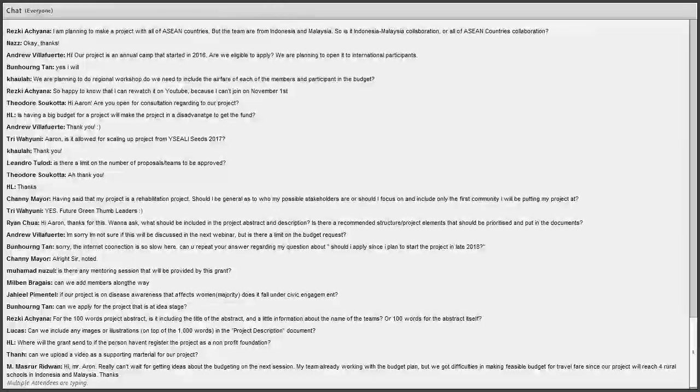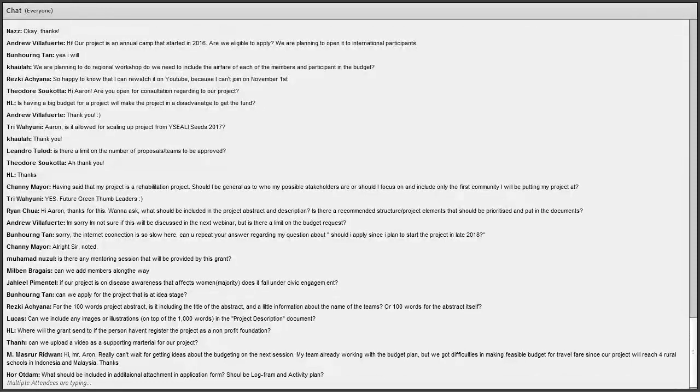So what should be included in the project abstract or description? Is there a recommended structure or project elements that should be prioritized and put in the documents? Ryan, great question. We've gone back and forth on this question over the year. We want you to be as creative as possible. So for this, we give you full liberty and freedom to put in your abstract and description what you think is best for your project.